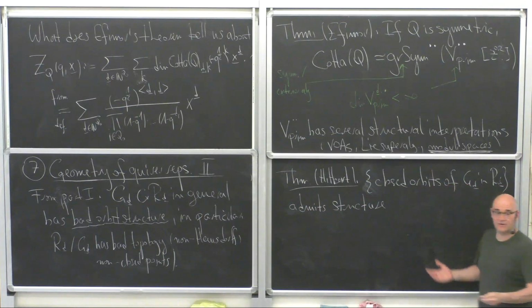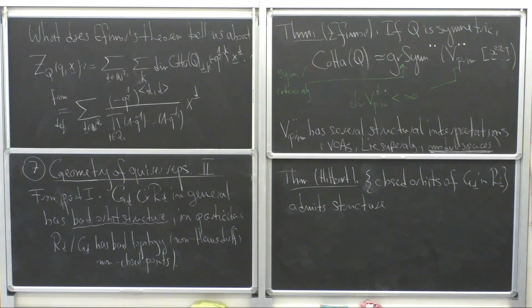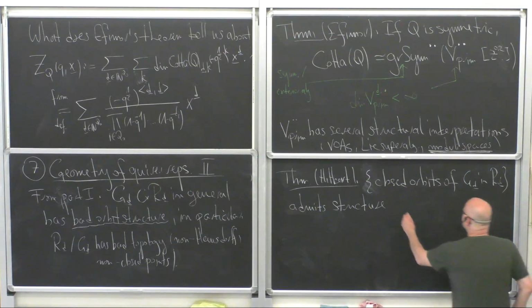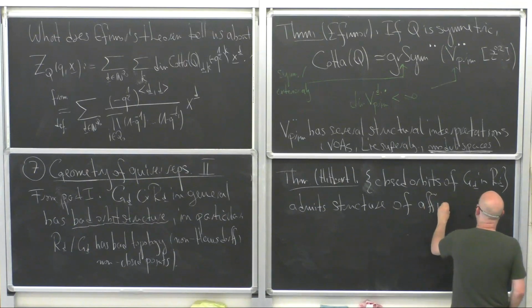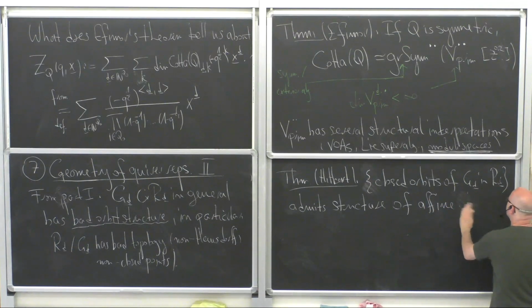If I write it down like that, it's just a set. You would call it a moduli space, but at the moment it's not even a space. But it admits the structure of an affine complex algebraic variety.